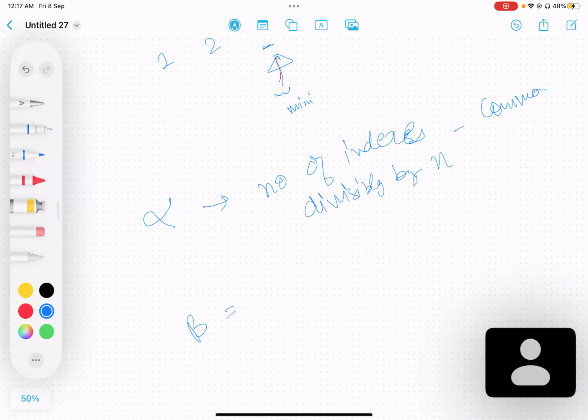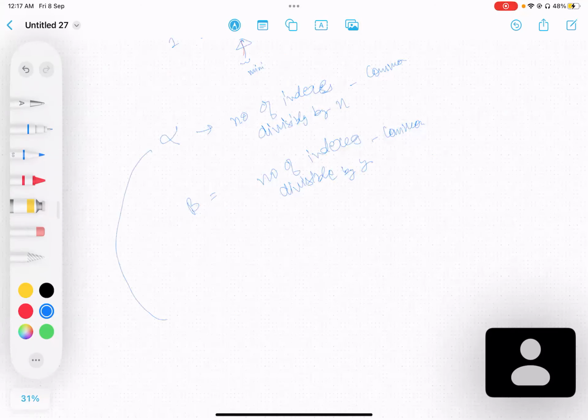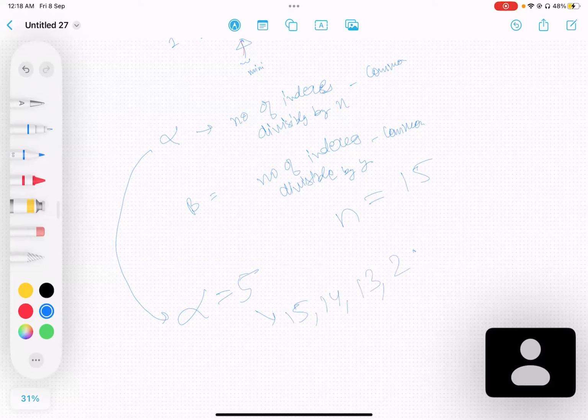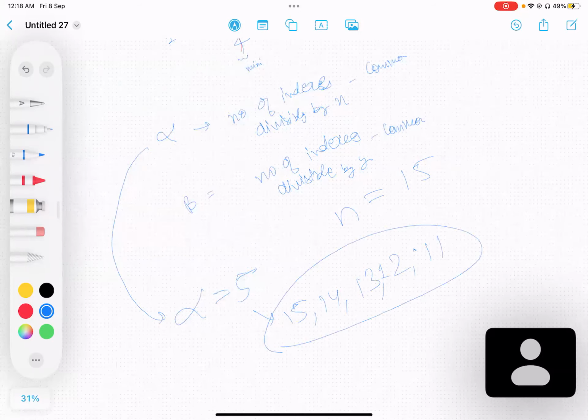Similarly, beta be the number of indexes divisible by y, minus the common part, right? So what I am saying is, let's say if your alpha is equal to 5, and let's say n is equal to 15, so we will give 15, 14, 13, 12 and 11 to these indexes.